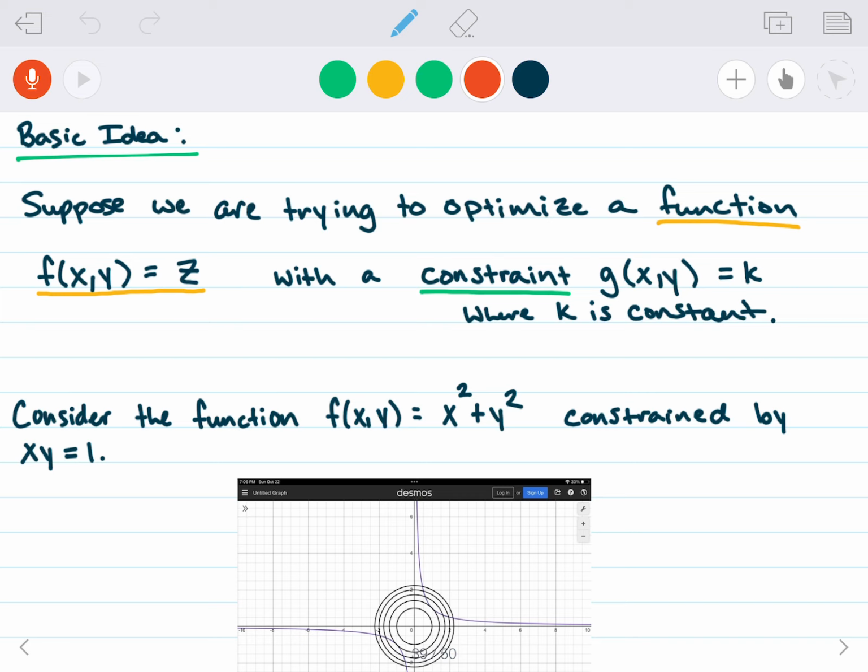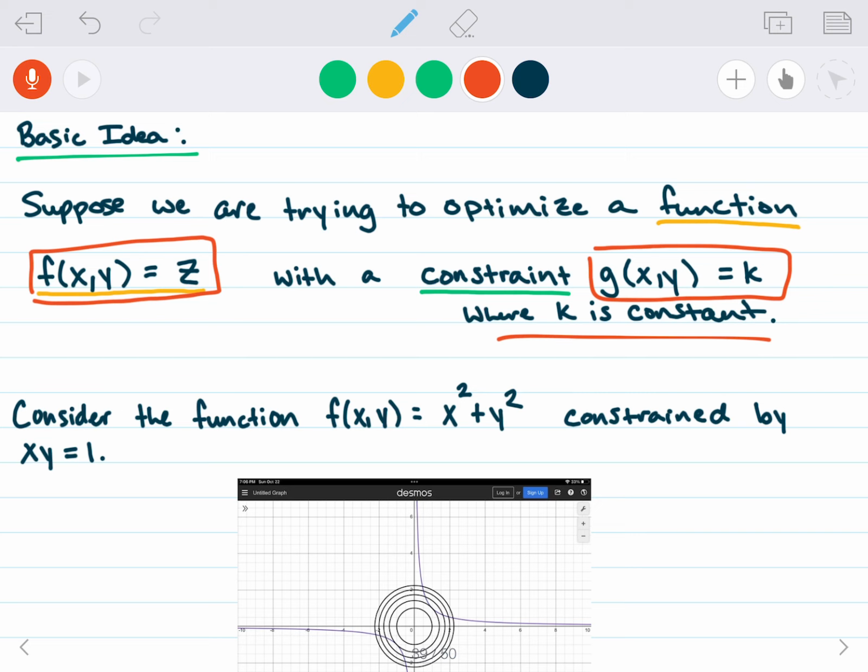So the basic idea is to find the max and min value of a surface subject to some constraint, some restriction on the domain. And our surface is going to be of the form f of xy equals z, and we're going to have a constraint g of xy equals k, where k is a constant.